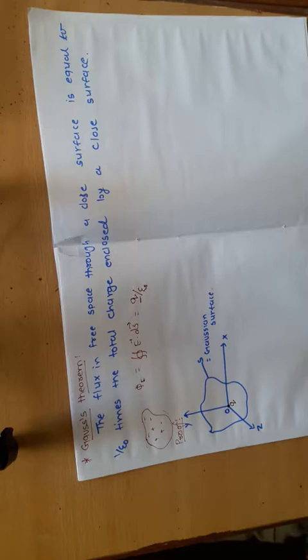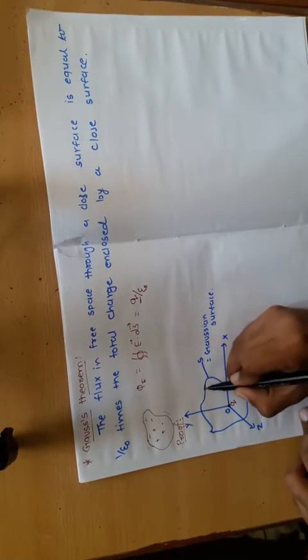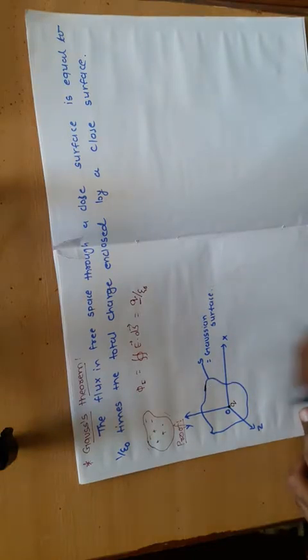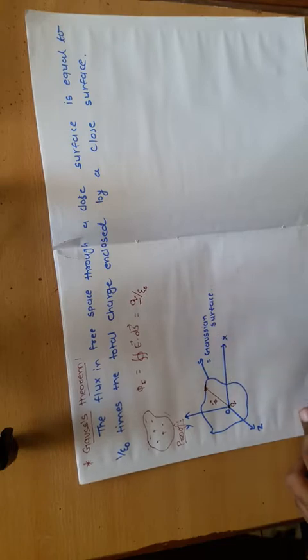Now to determine the electric flux, I will draw a small element of surface on this closed surface, which is at the vector distance r from the origin.